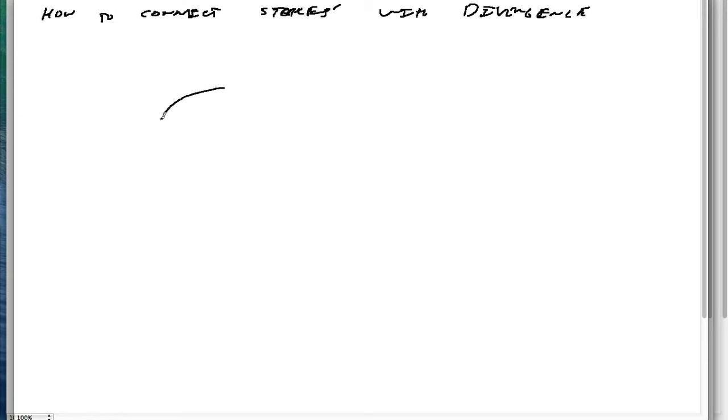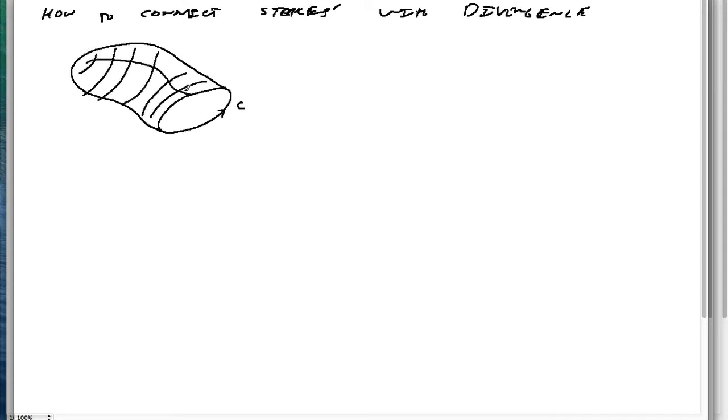how to connect Stokes with divergence. So recall that the Stokes theorem, we can always write it like this. We have some curve C. We have some surface that we put attaching to our curve.